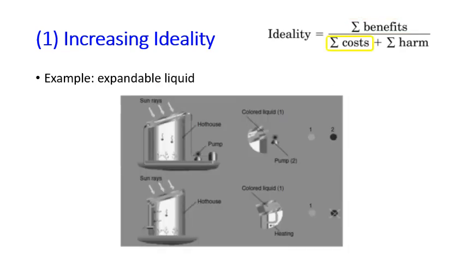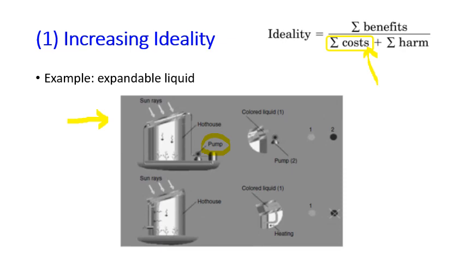We can also increase the ideality by reducing the cost. The example here is a greenhouse. When the house gets too hot, we should pump some water to cool the greenhouse a little bit.